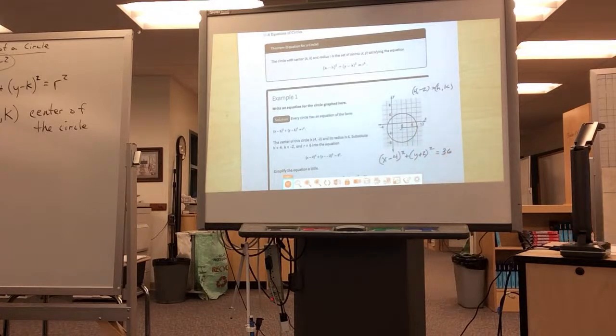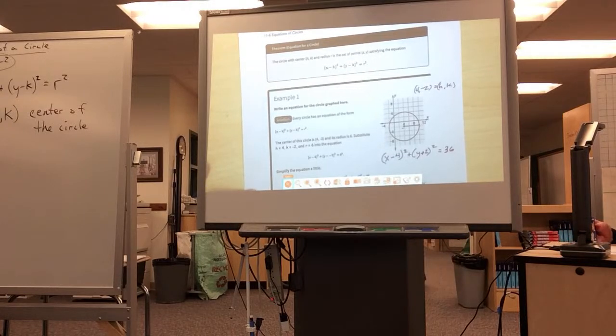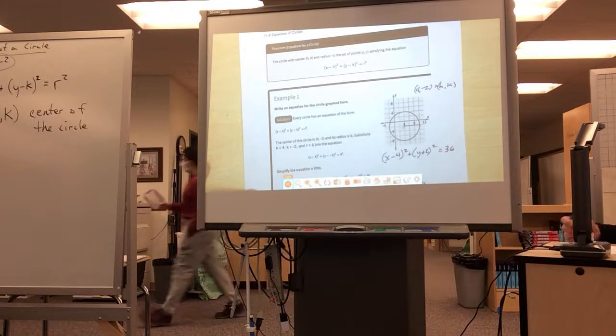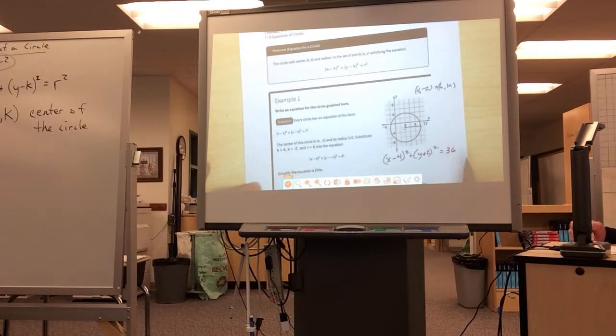So if you put that into Desmos or into your graphing calculator, these are hard to put into the graphing calculator because they have to be in the form y equals. And I'm not going to go there in this class. We'll do that next year. But you have to put it into a graphing calculator in 2 parts. It's not easy. Once you see it, it's okay, but we're not going to go there today. Did you get 36?